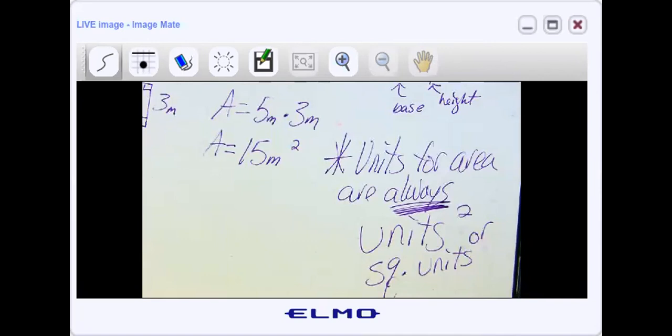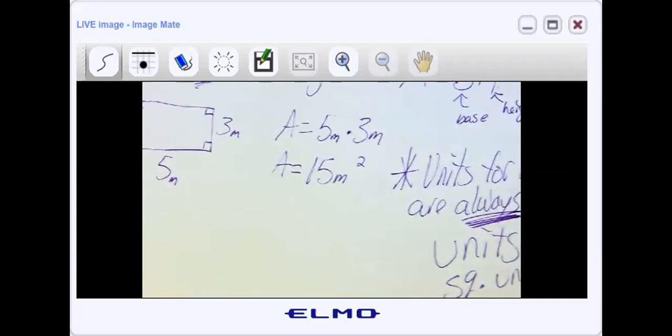When you're painting a wall, they talk about it in square units because you're covering a whole surface, right? So if you need to figure out how many gallons of paint you need to buy, you need to calculate the area of your surface, right? Oh, so fancy. All right, so let's go back.